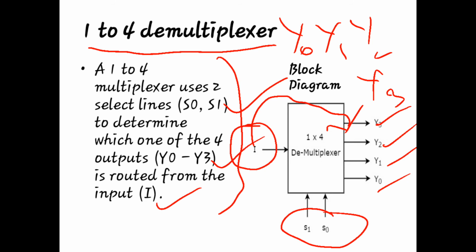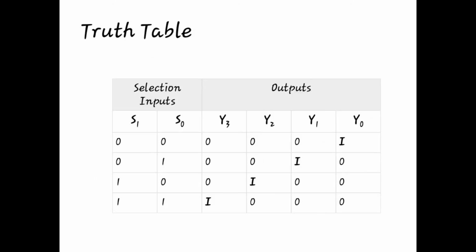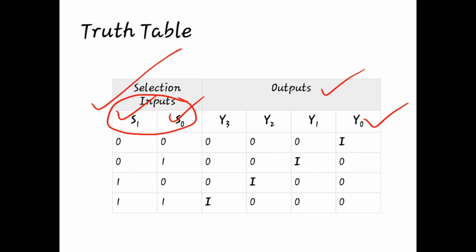So in this, just like the 1 by 2 demultiplexer, we can write the truth table for this 1 by 4 demultiplexer. So you can see here we will have two select lines, let us say S0 and S1. Similarly, the outputs, let us say they are represented like Y0, Y1, Y2 and Y3.